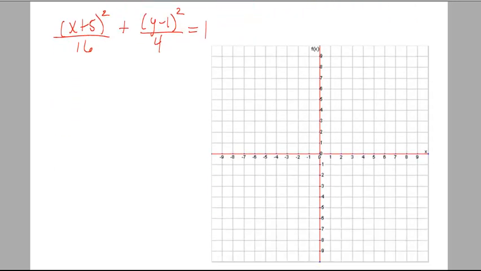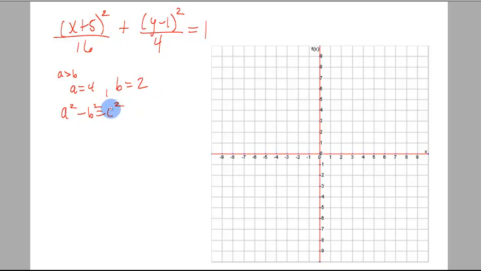Well, we need to find my A, my B, and my C, and then start graphing, right? The A value, A is always bigger on an ellipse, so A is always greater than B on ellipse only. So here this is A squared, so A is 4. Then B would be 2 because that's B squared. Now in an ellipse, it's A squared minus B squared equals C squared, like that.